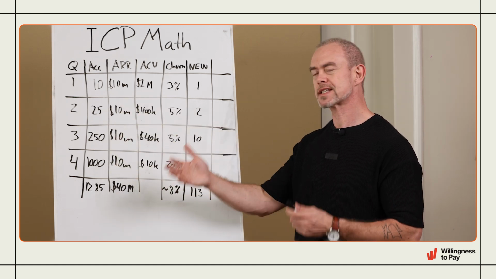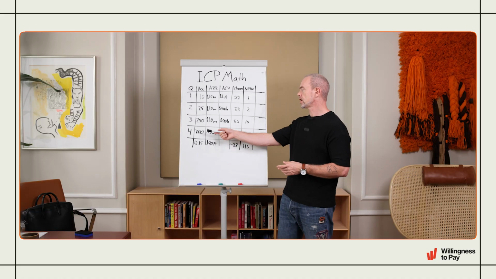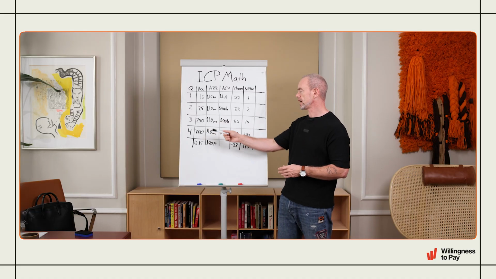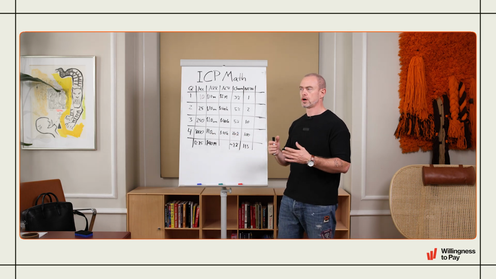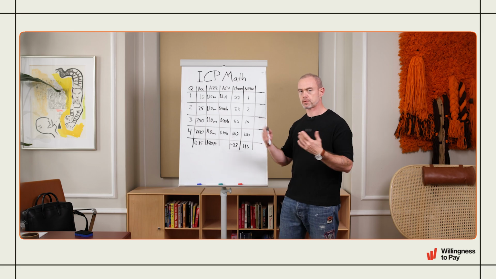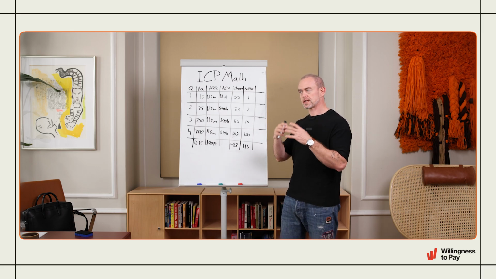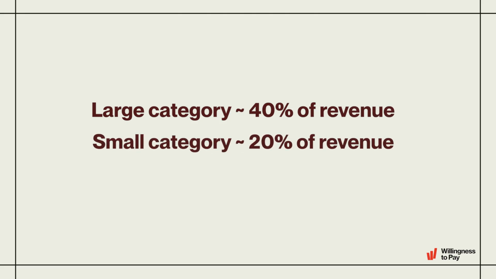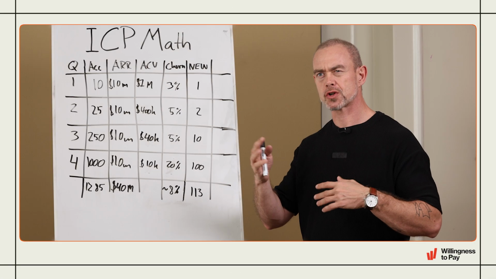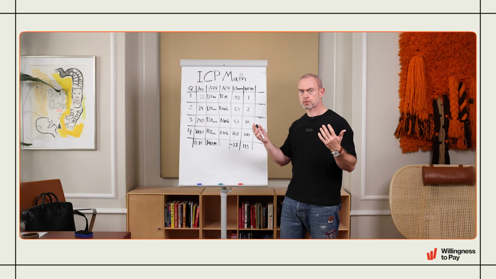The reason this kind of segmentation is effective is that the different customer chunks have an equal revenue weight. Instead of talking about small, medium, large accounts, where large is anyone over $1 million and small is anyone under, say, 1,000, your large category might be 40% of your revenue and your small category might be 20% of your revenue, and now they're not quite comparable because one is more important than the other, since it's just more revenue.